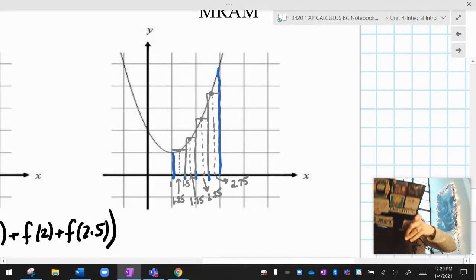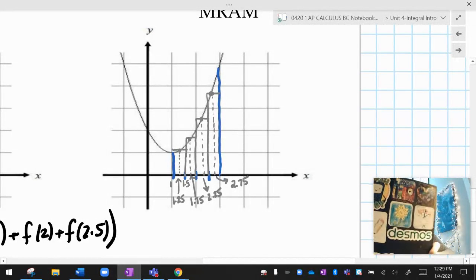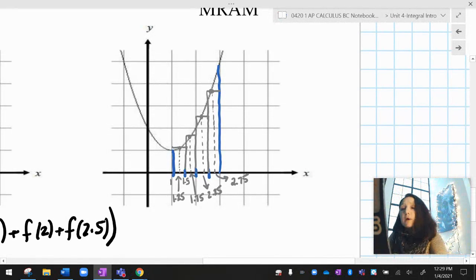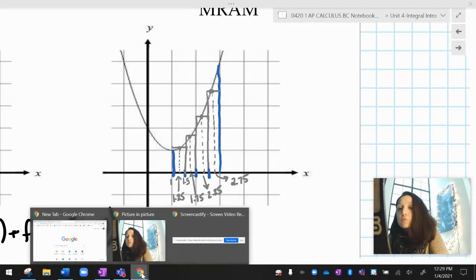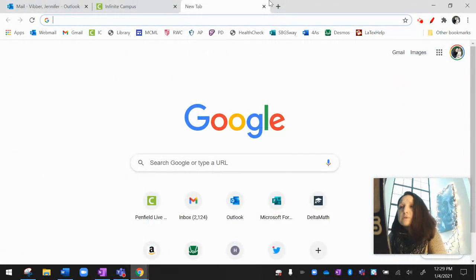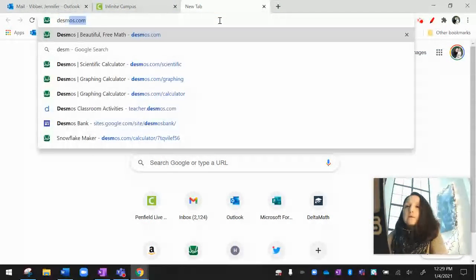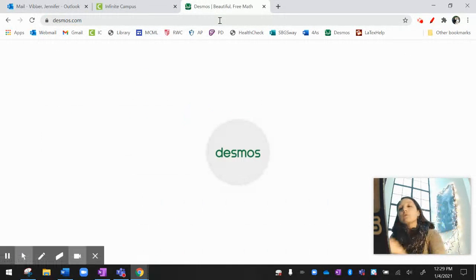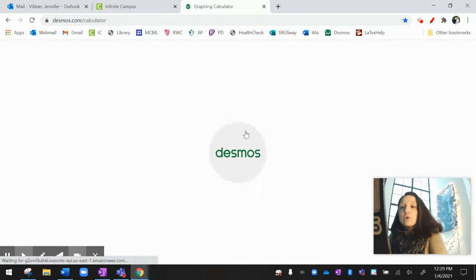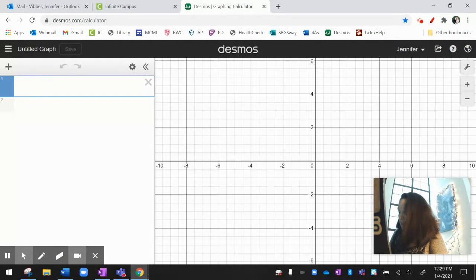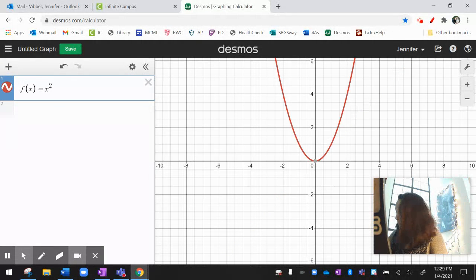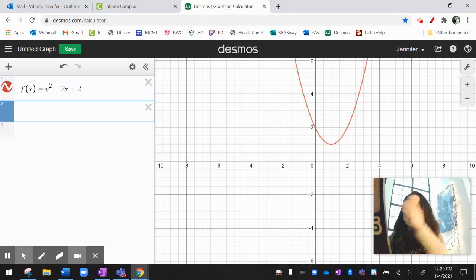All right, so I'm going to try something here because my TI calculator isn't working. Let's just use Desmos because Desmos is amazing. So if I come in and use my Desmos calculator instead, my function is x squared minus 2x plus 2.